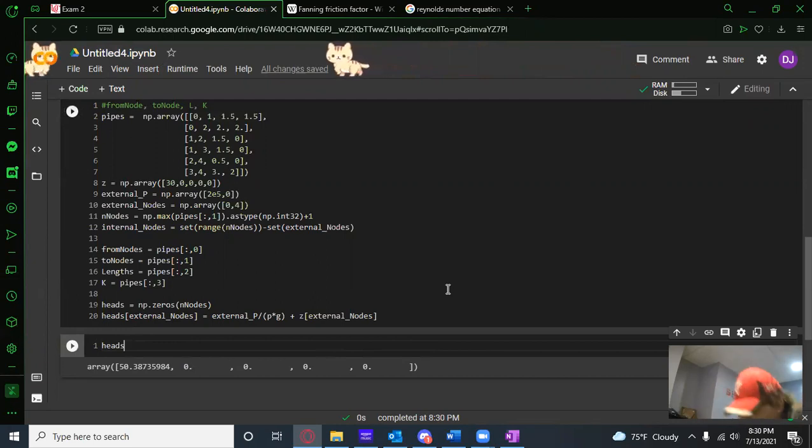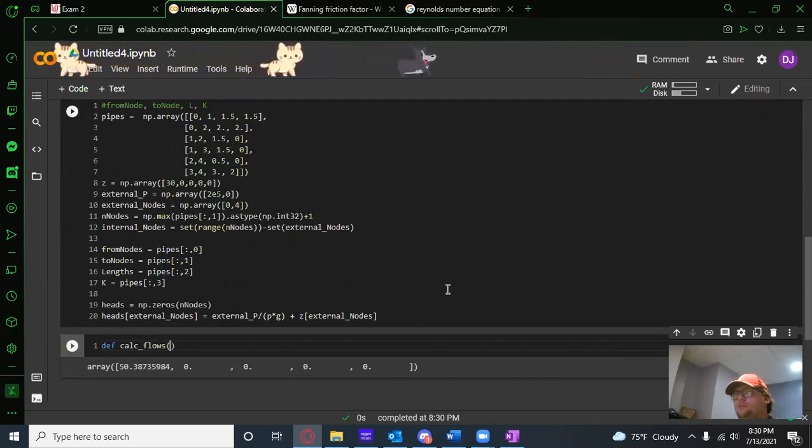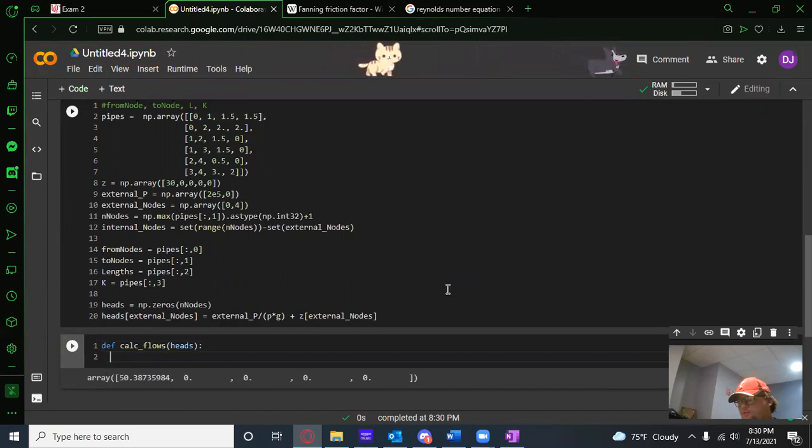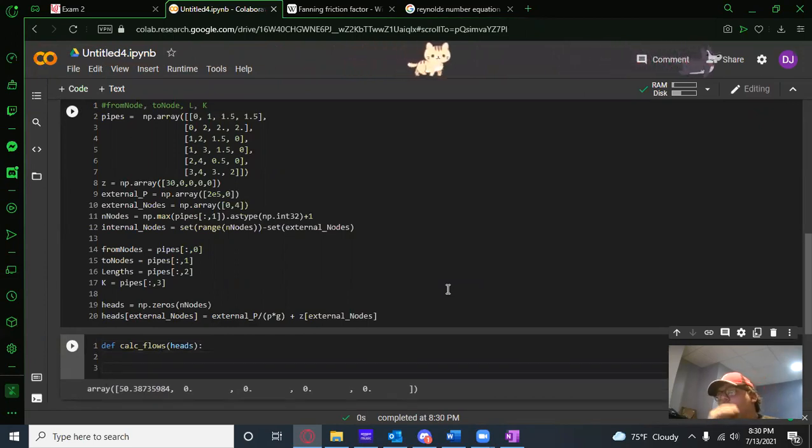So what we can do with this now is create our function calc flows, where we'll take in our heads array, and it will return all the flows.